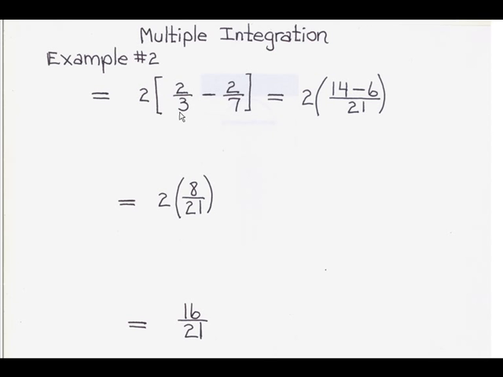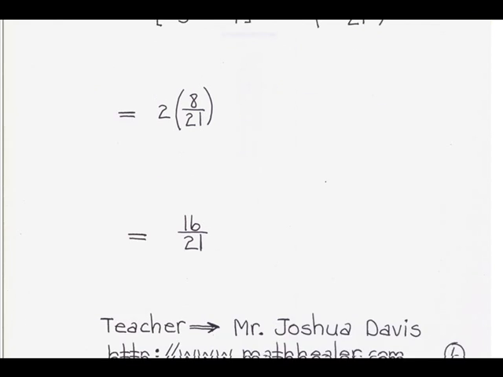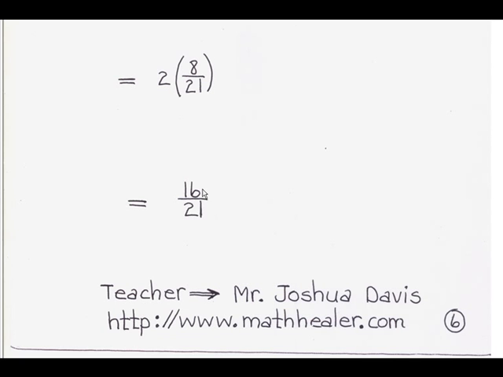Because 3 and 7 are prime to one another, I simply went 7 times 2 minus 3 times 2 for the numerator. So the numerator is now 14 minus 6. For the denominator, we simply multiply 3 times 7 and get 21. So we now have 2 times (14 minus 6) over 21. We now have 2 times 8 over 21. And finally, our answer is 16 over 21.